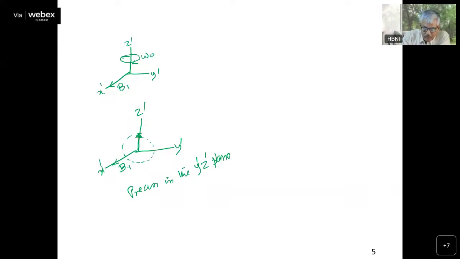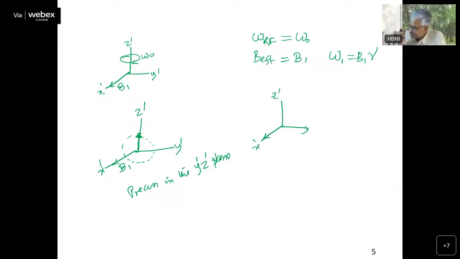When omega rotating frame is equal to omega 0, your effective field B effective is equal to B1, and the corresponding frequency omega 1 is equal to B1 times gamma.